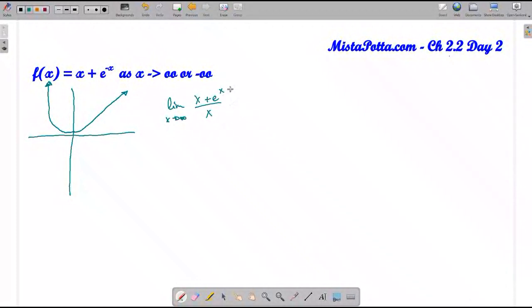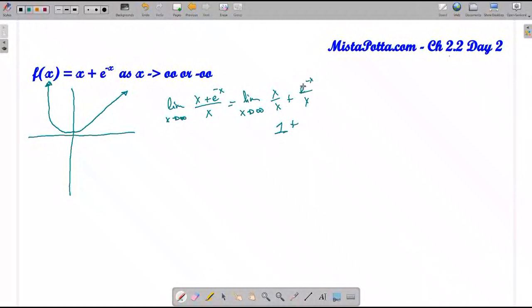And so if I look at this limit, I'm really dealing with the limit as x approaches infinity of x over x plus e to the negative x over x. And as x goes to infinity, this is going to 1. As x goes to infinity, this is very, very close to 0.